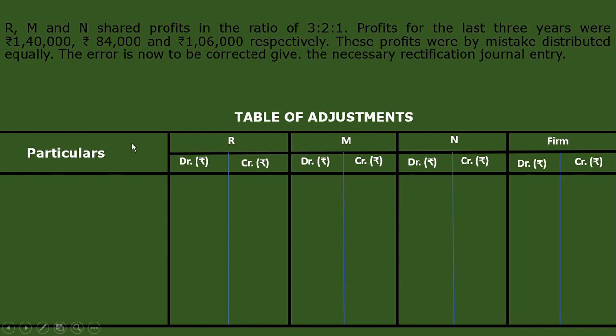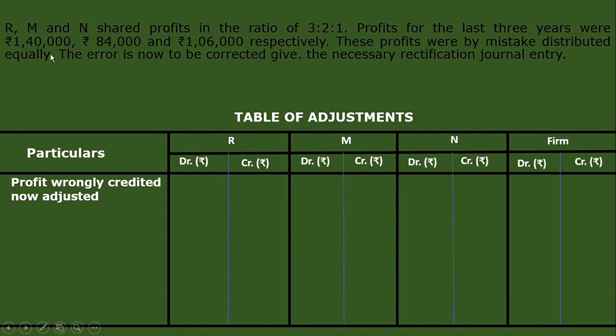Now by mistake we have credited these profits to the partners, and that also equally. So first thing, we have to rectify that error. How to rectify? Profit wrongly credited, now adjusted. If something has been credited wrongly, to rectify that, what do we have to do? Obviously we have to debit it.